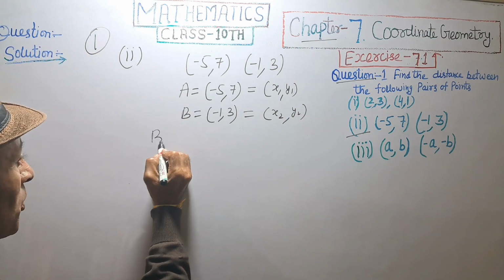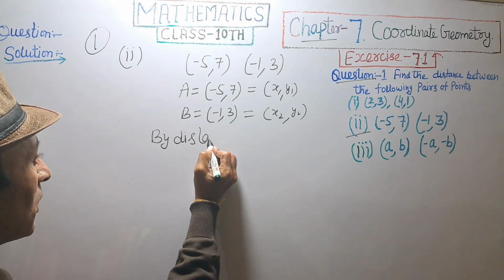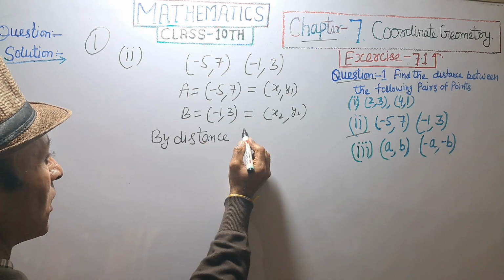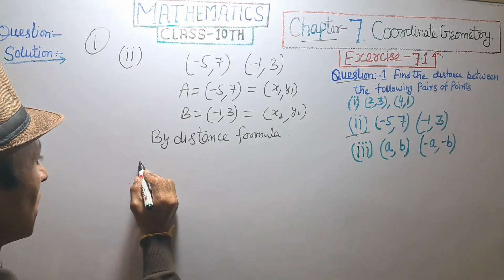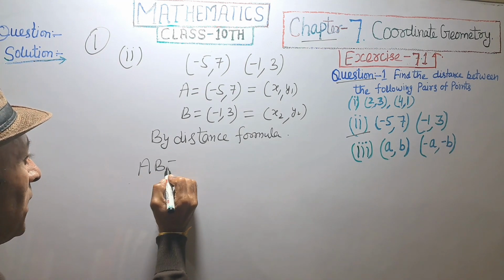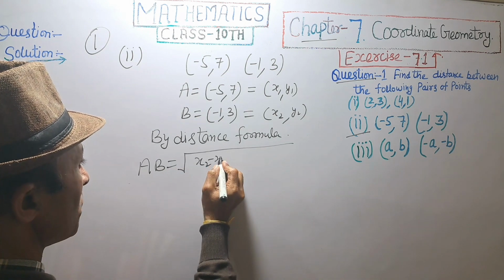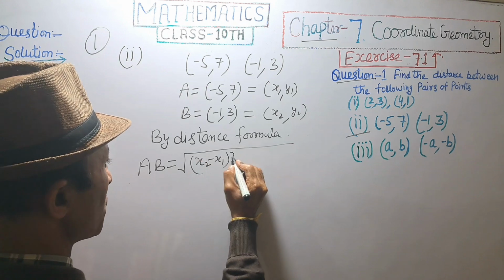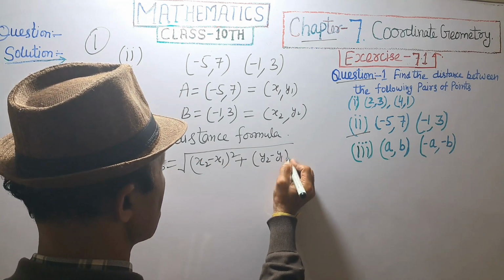By the distance formula, AB is equal to the square root of (x2 minus x1) square plus (y2 minus y1) square.